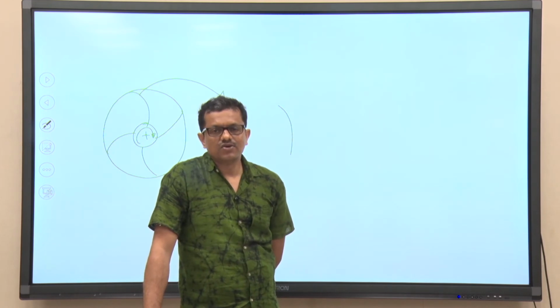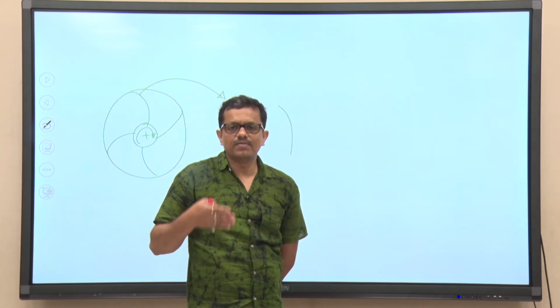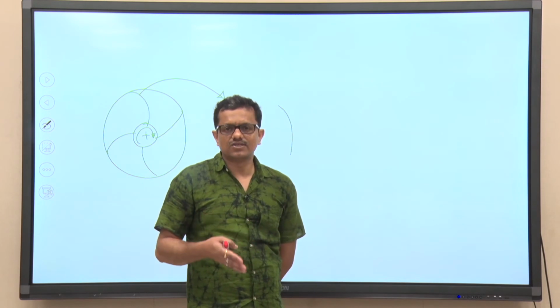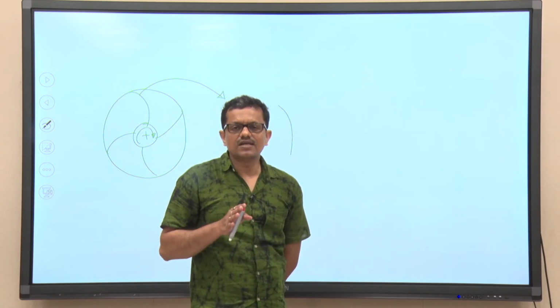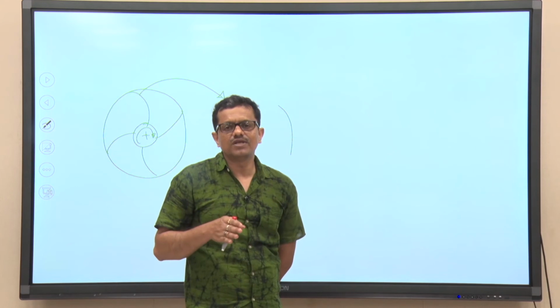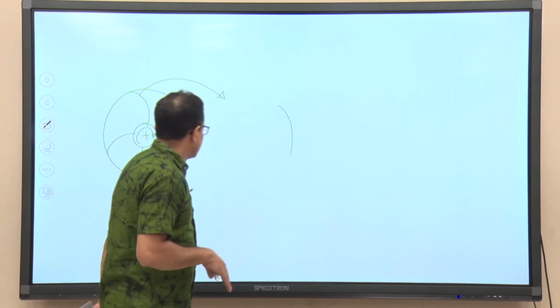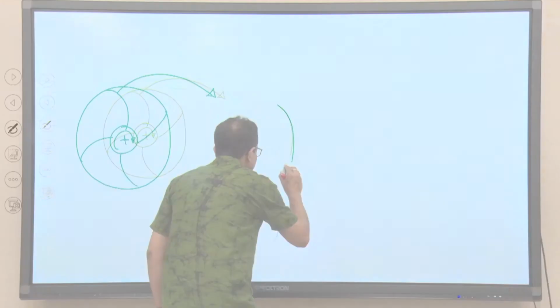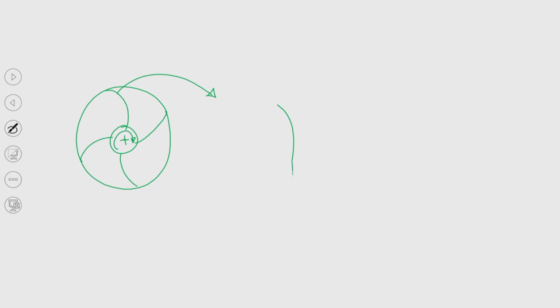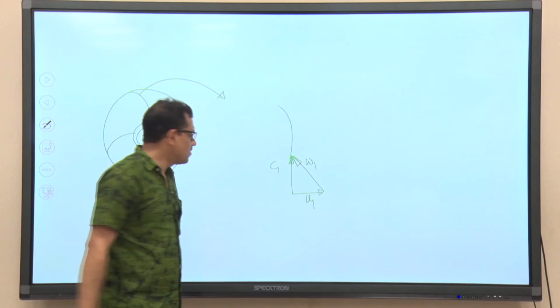So if nothing is specifically mentioned about the inlet swirl, we consider the inlet flow swirl free. We can draw the velocity triangle at the inlet: this is the u1, this is the relative velocity, and the resultant is the absolute velocity c1. So it is swirl free flow.